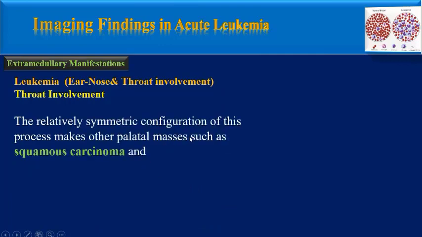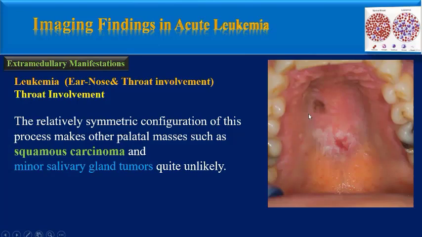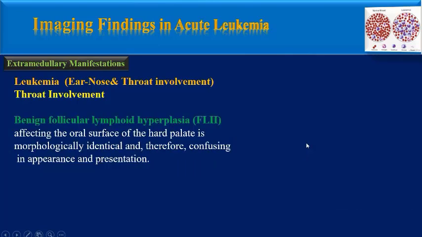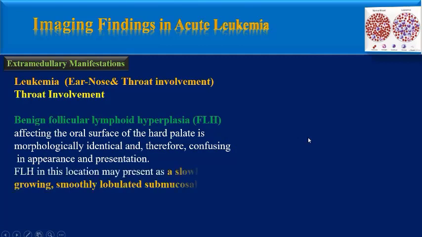The relatively symmetric configuration of this process makes other palatal masses such as squamous carcinoma and minor salivary gland tumors quite unlikely. Benign follicular lymphoid hyperplasia, or FLH, affecting the oral surface of the hard palate is morphologically identical and therefore confusing in appearance and presentation.